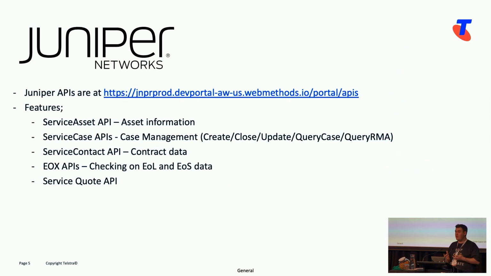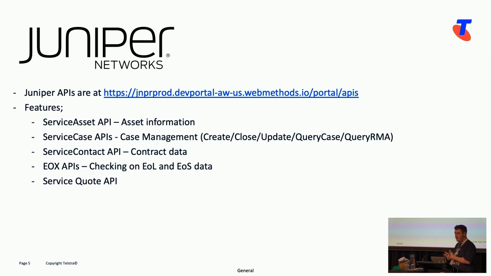Firstly, Juniper. Juniper has an extensive support API suite, including ones for asset management, case management, end-of-life data, and also service quotes. The documentation that Juniper provide is quite good, with examples of each API, the options and variables you can have.